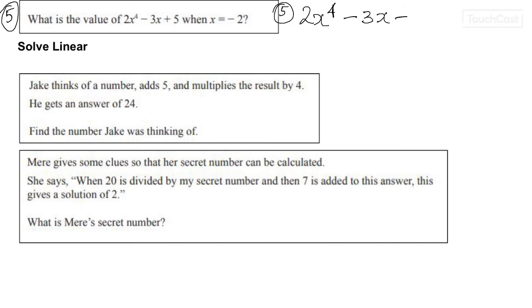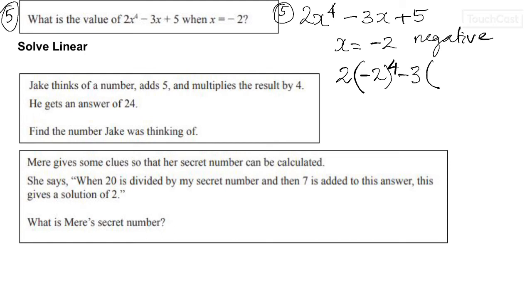Once again it is substitution, and that is quite tricky because there is a negative value. The moment you have a negative value, you have to be cautious. So I'm going to substitute it with a bracket. Why? Because there is a negative value. Enclose it within a bracket. Remember that, please. And plus 5.